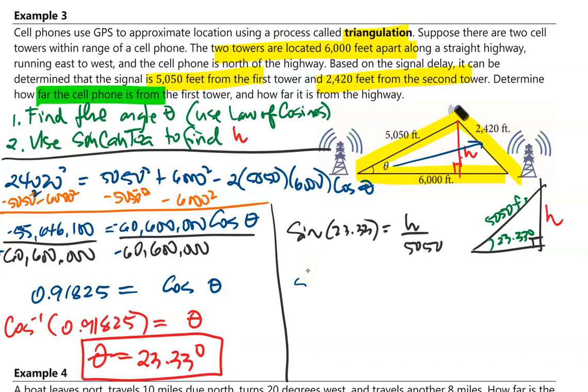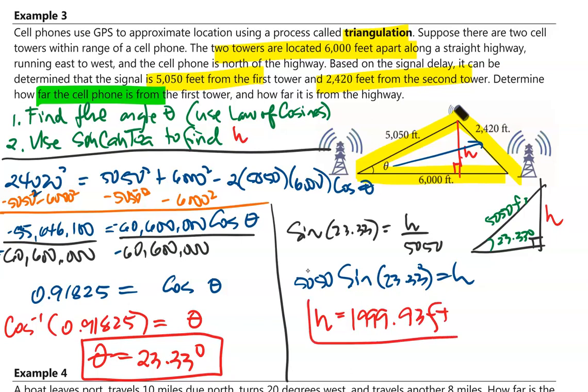Then we cross multiply: 5050 times sine of 23.33 degrees is equal to the height, and then use your calculator. You will get 1999.93 feet.